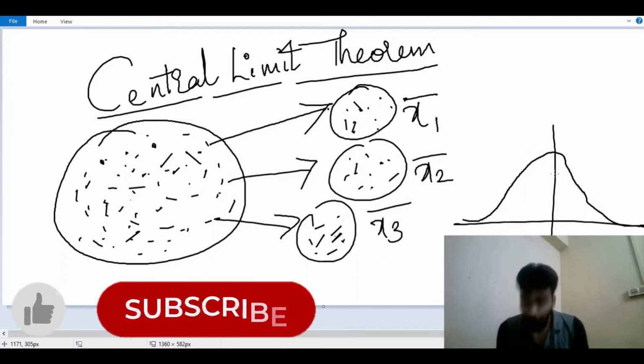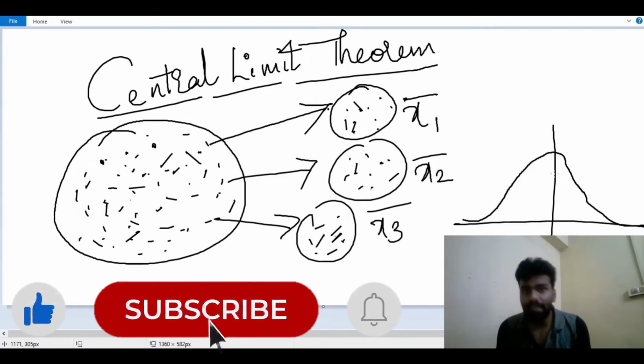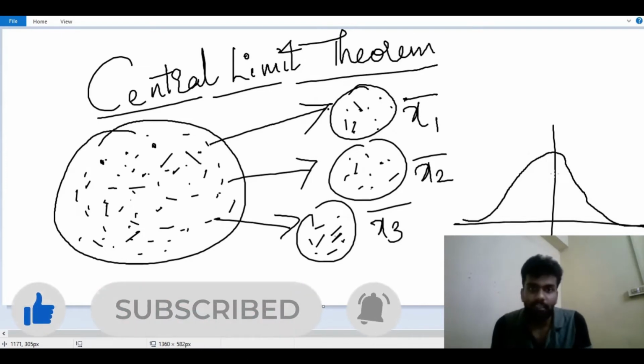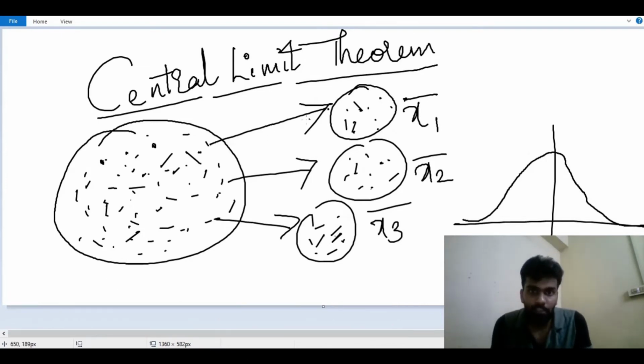The sample size should be 30 or greater, right? You can see from this population, we have taken the sample. The sample size should be a minimum of 30, and it can be more than that.